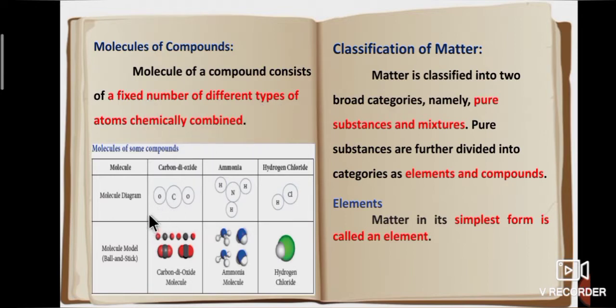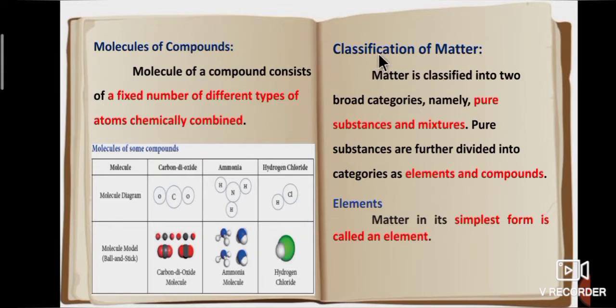Example, carbon combined with two oxygen atoms, that is carbon dioxide, a compound. Nitrogen combined with three hydrogen atoms, that is ammonia, a compound. Like that hydrogen chloride. They are given molecular model here. So examples are carbon dioxide, ammonia and hydrogen chloride.